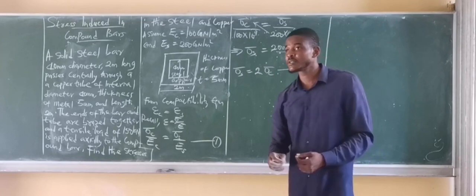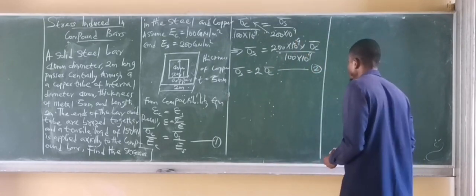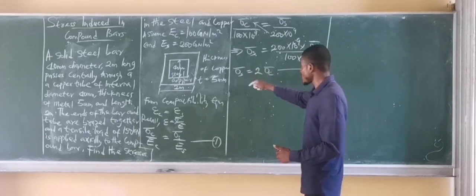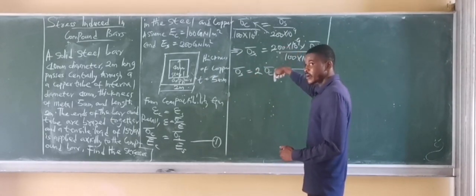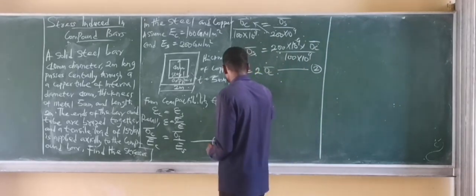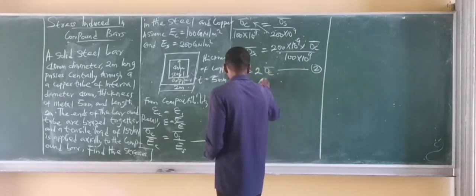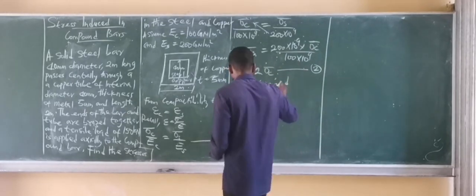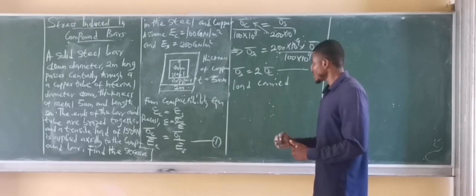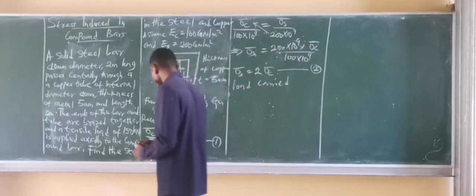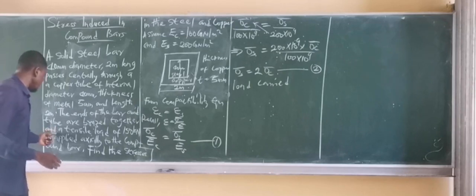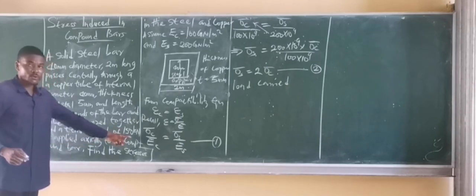Are you guys following? Yes, sir. Alright, from equation 2 we obtain that the stress of steel is actually 2 times the stress of copper. Now, I said earlier that the load carried is shared by the two materials that make up the compound bar. The load was given to us as a tensile load of 150 kilonewtons.